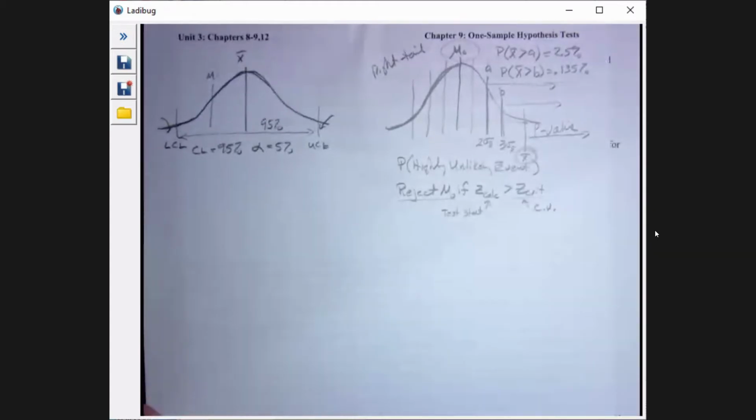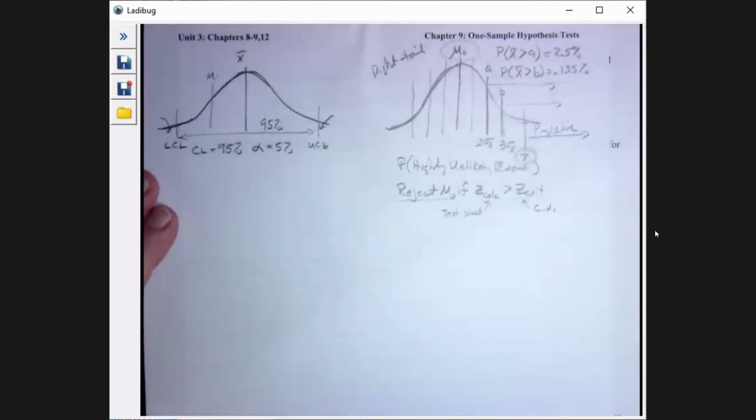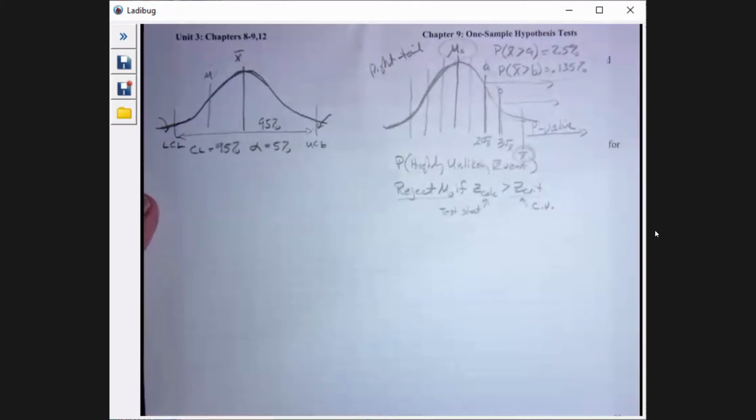There's no measure of how strong the evidence is. But when we do the p-value, that measures the strength of the evidence. And so I really like the p-value because it gives us that measure that we don't get when we take the critical value approach. And that's why everybody uses the p-value approach.